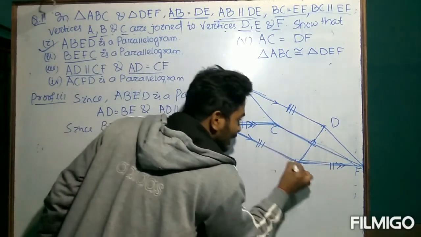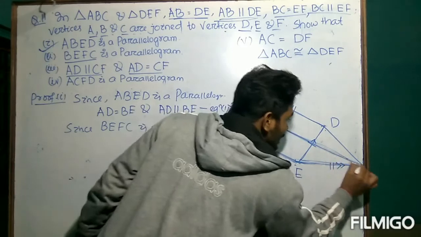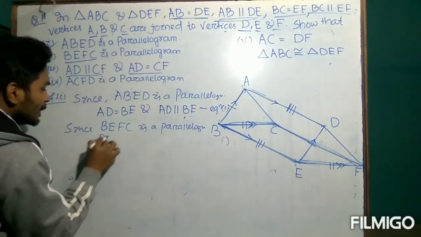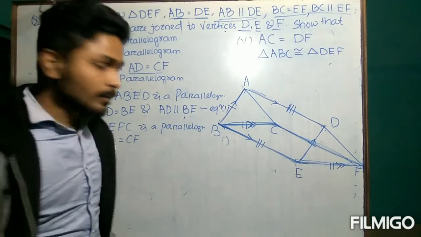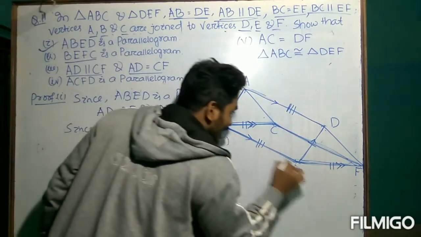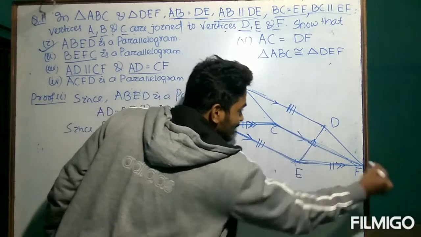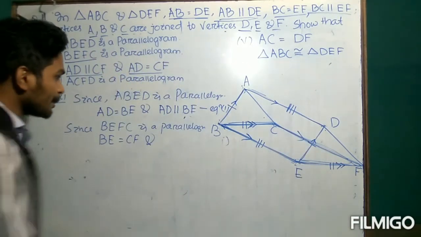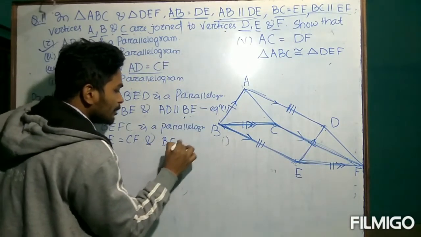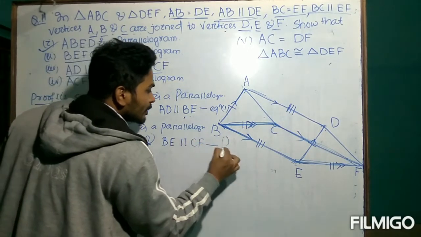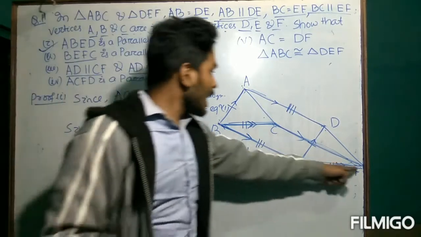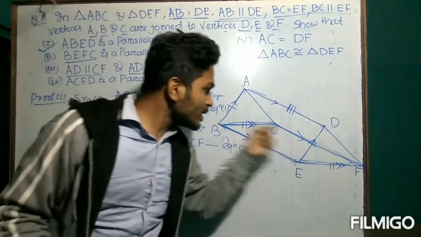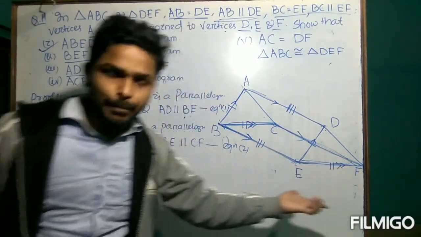Here we can write that BE must be equal to CF, and BE must be parallel to CF. Clear? Let's say this is equation 2. BEFC is a parallelogram, so here BE is equal to CF and BE is parallel to CF.